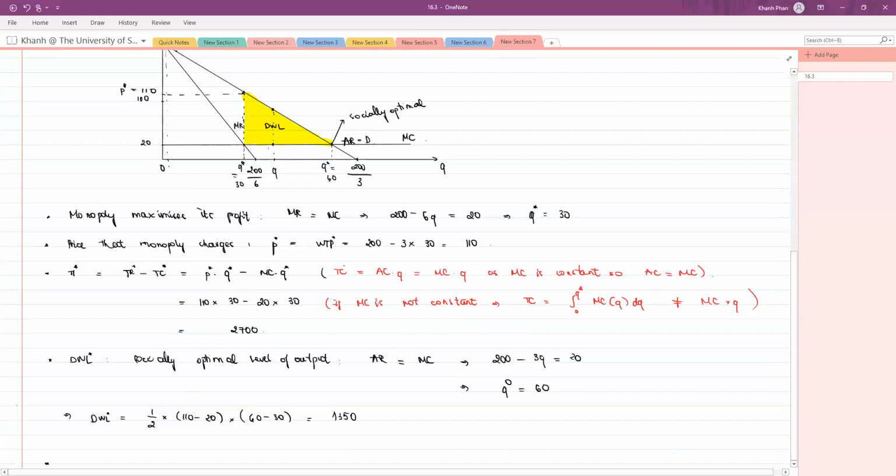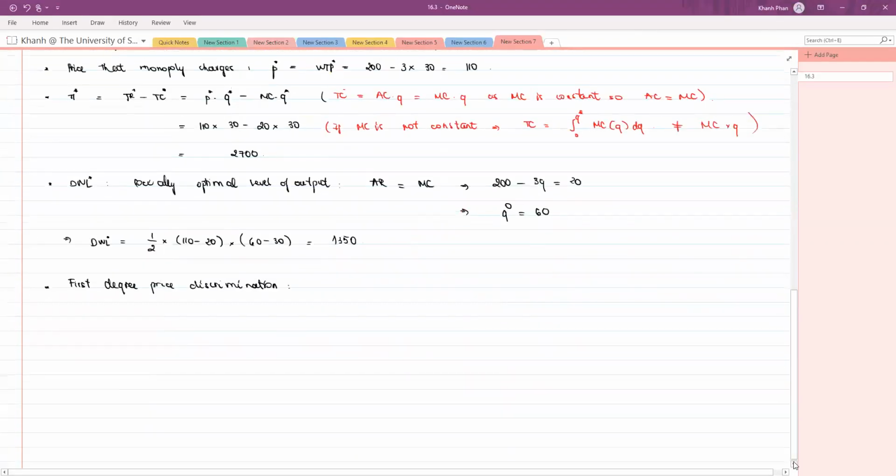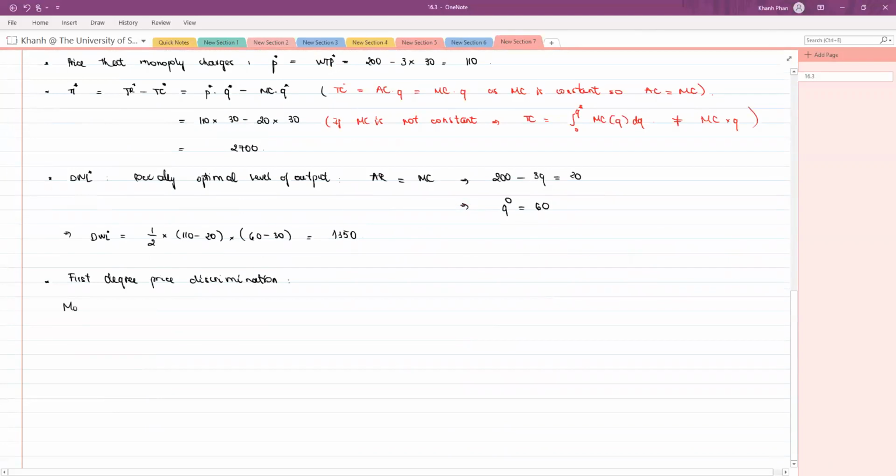Okay. So therefore, with first degree price discrimination, the firm is going to produce, so instead of producing at marginal revenue equal to marginal cost as before, it is now going to produce at the socially optimal level of output.